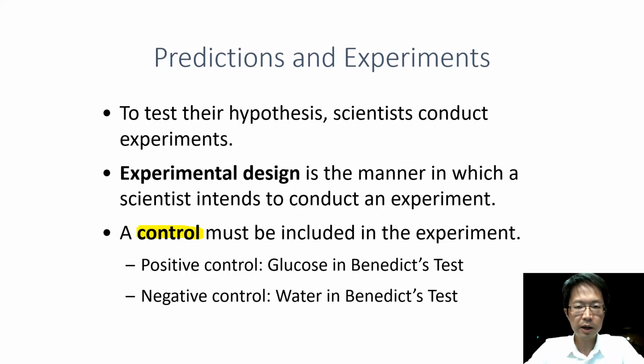Experimental group is something that we scientists don't know the result of. That's why we need to do the experiment to find out the result, to test it. We call it the experimental group. Control is something that we know the result of.